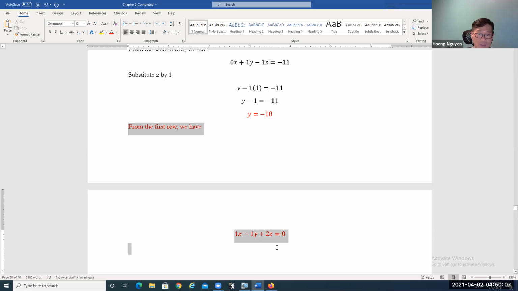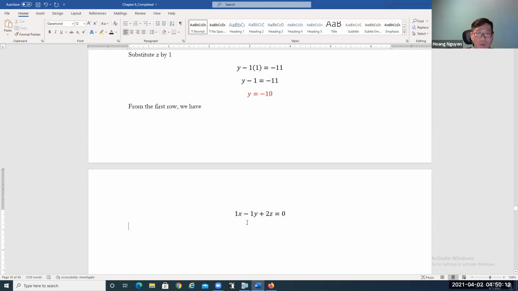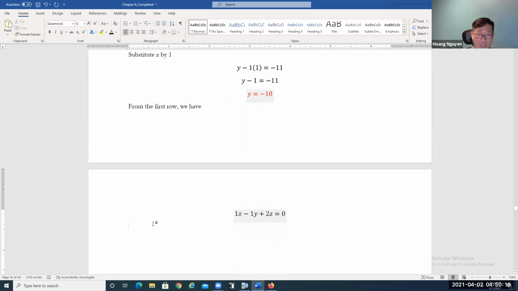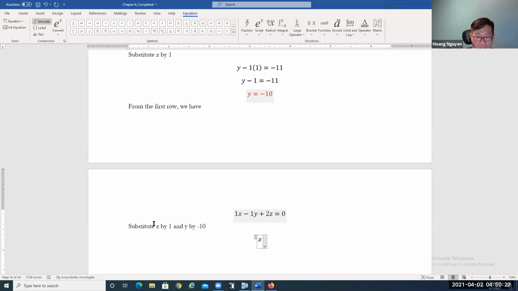Let me change it back to the black one. Now I will substitute z by 1 and y by negative 10. So we have x minus y, so minus negative 10, plus 2 times 1 equals 0.